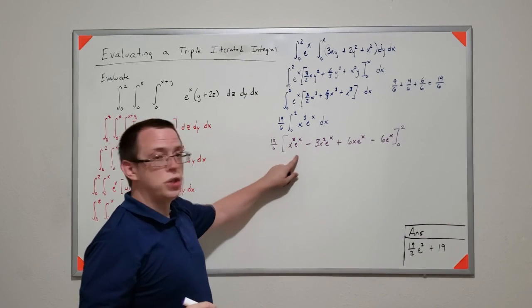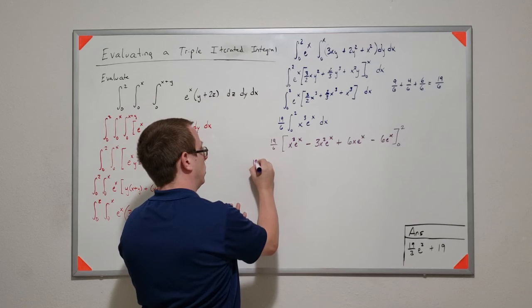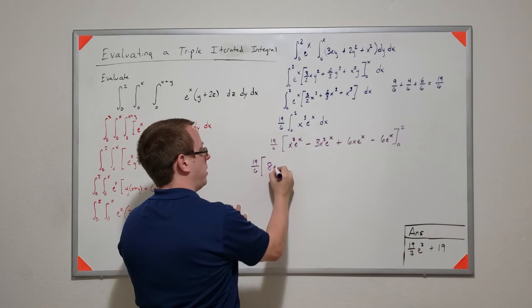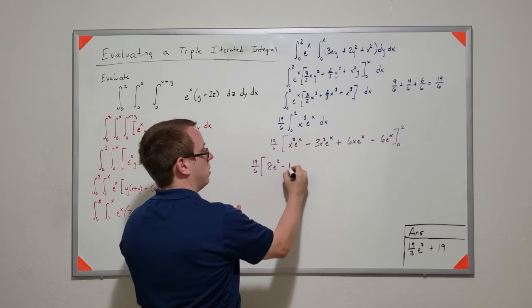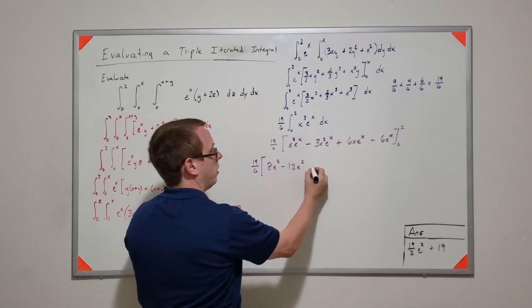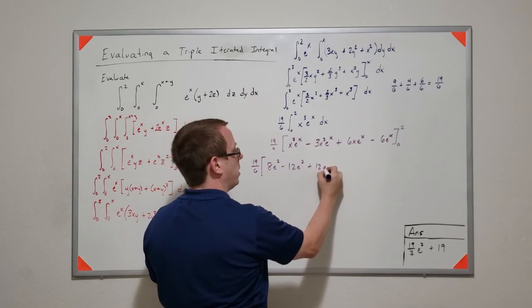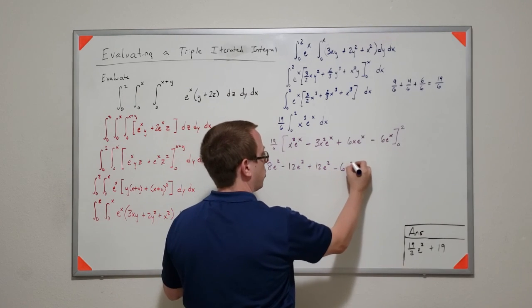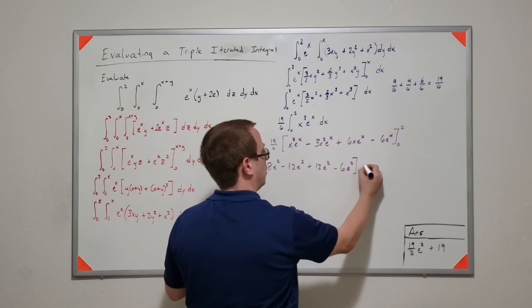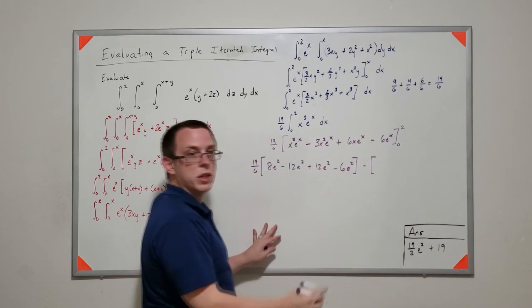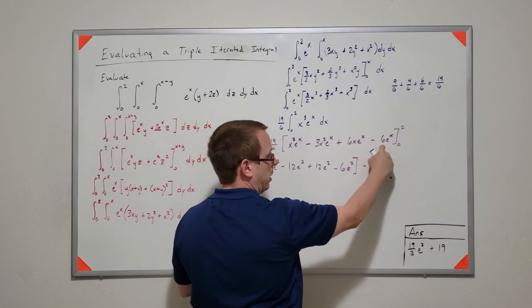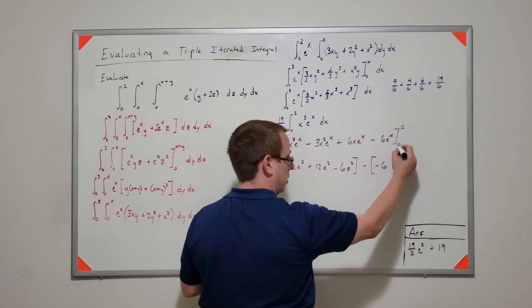So when this thing is 2, you end up with 8e squared minus 12e squared plus 12e squared minus 6e squared. When this thing is 0, that's 0, 0, 0, negative 6.